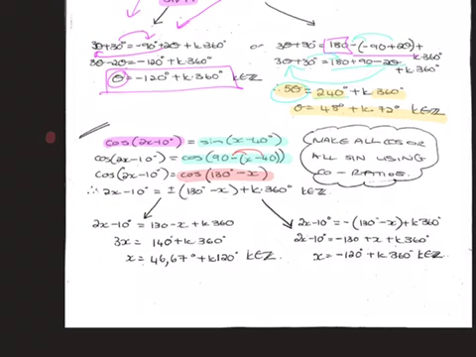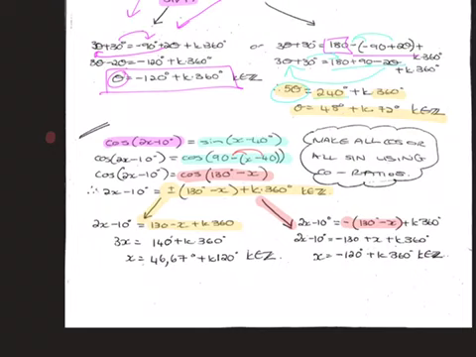The general solution for cos is plus or minus the angle on the right plus K360. Then I've separated into a positive and a negative section. The positive section is just my angle plus K360. In my negative section, it's the negative of the angle plus K360.